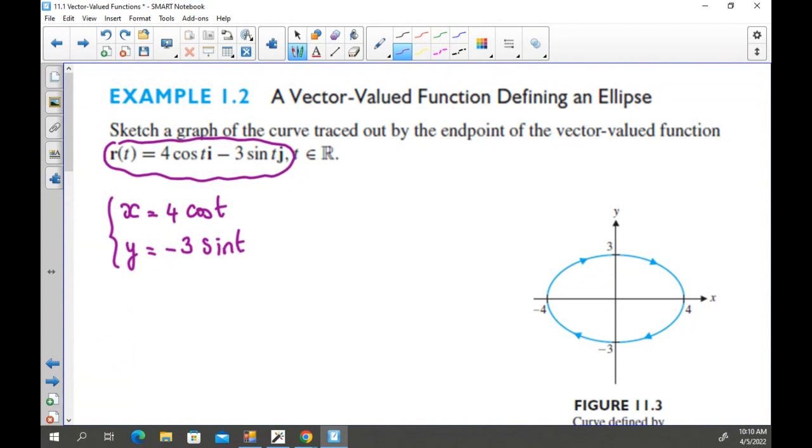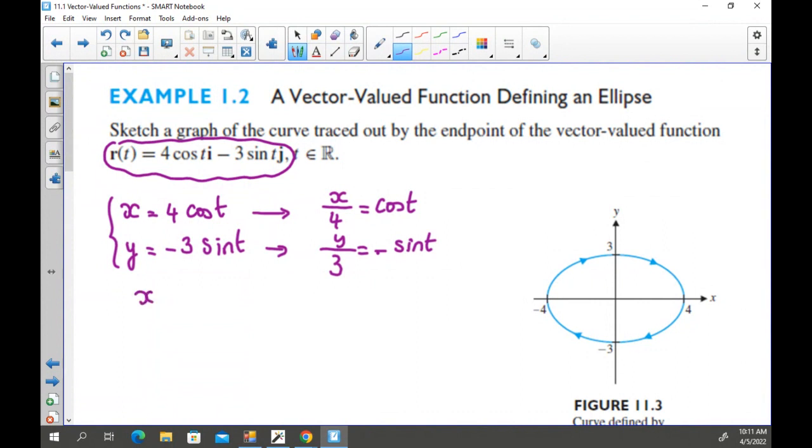So these are the x and y. Now, to graph the endpoints, we need to find the connection between x and y, like an equation between x and y. To do that, x over 4 will be cosine t, and y over 3 is minus sine t.